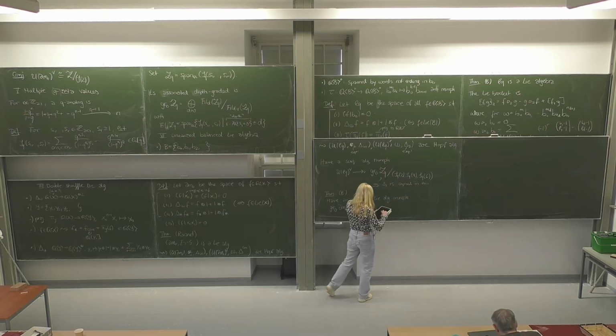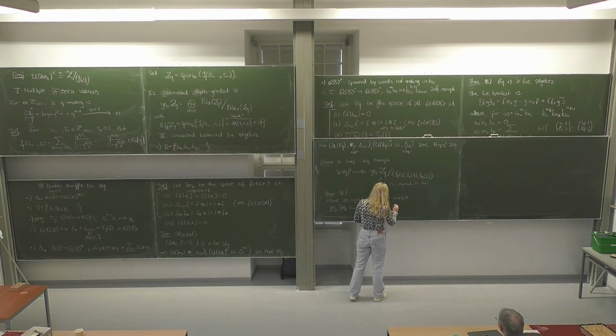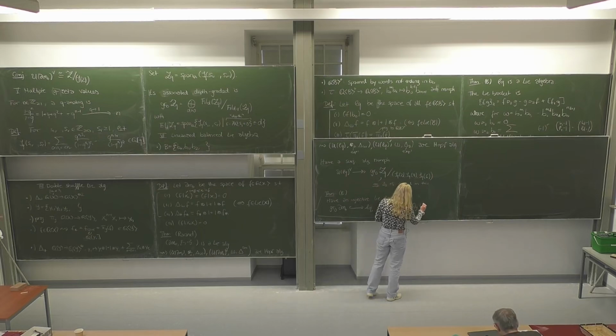The map is also not too hard. When I have any f, it maps to theta x of f plus theta y of pi y of f.